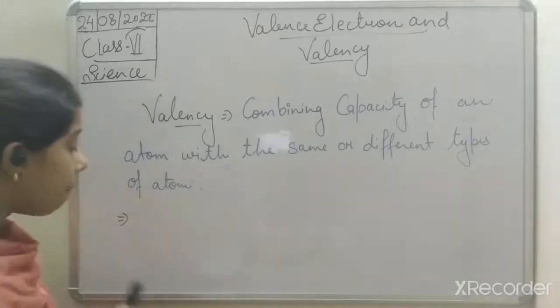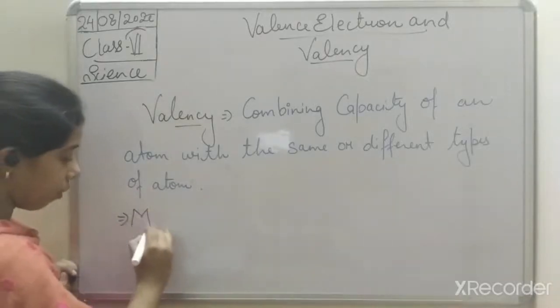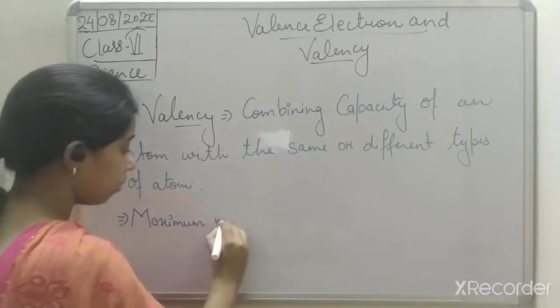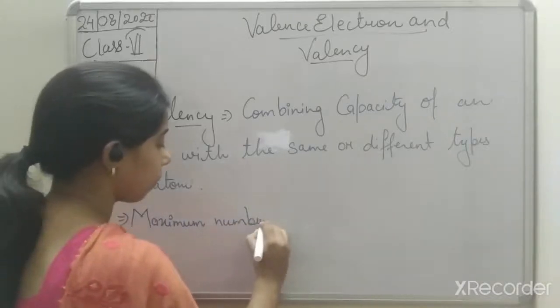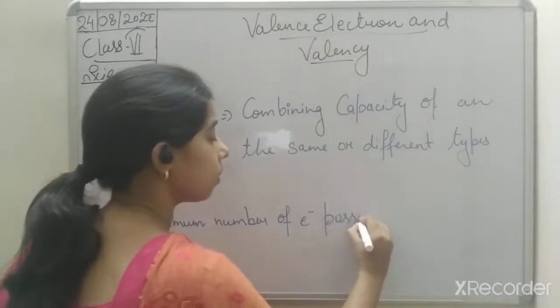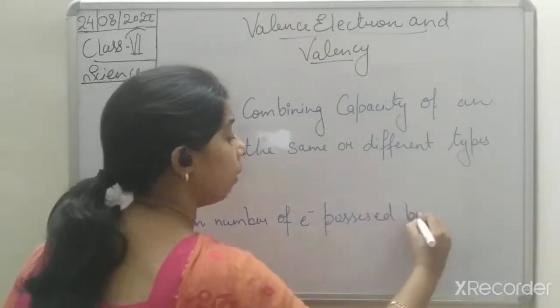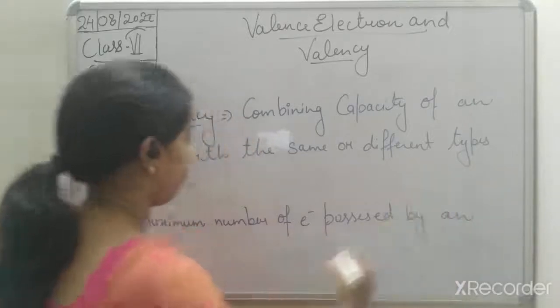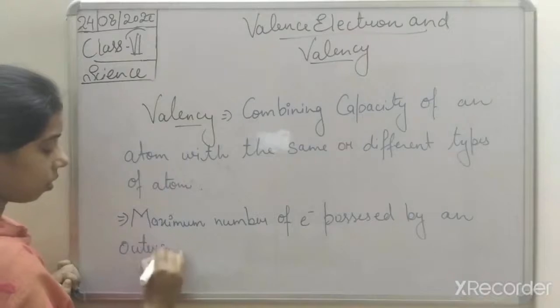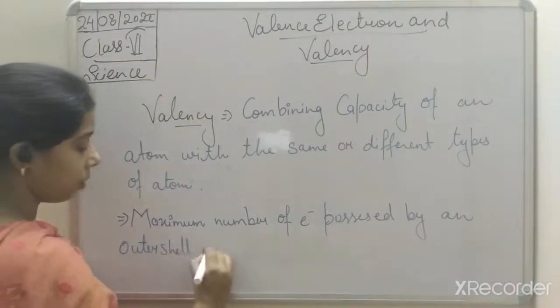It means the maximum number of electrons possessed by an outermost shell will be 8.